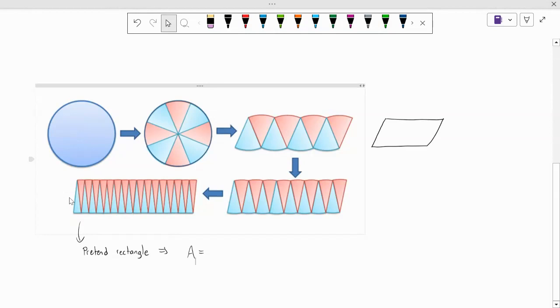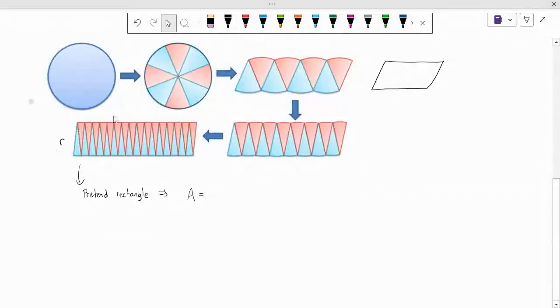If we think of this as upright and straight, it's going to have a height of r, the radius.